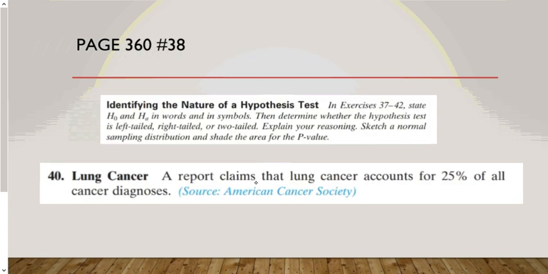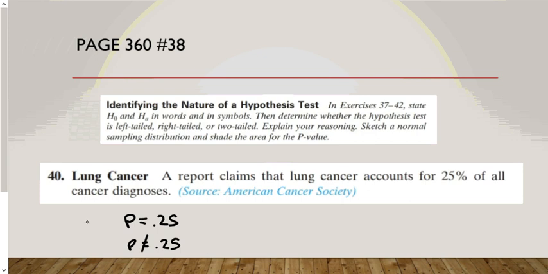Let's take a look at another one. A report claims that lung cancer accounts for 25% of all cancer diagnoses. So we have p is equal to 0.25, and therefore the other one is p is not equal to 0.25.